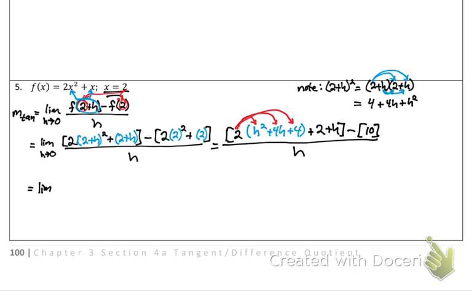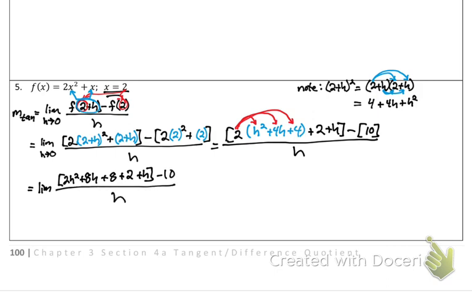As I distribute that 2 to everything, we are going to now have 2h squared plus 8h plus 8. And we still have that plus 2. And we still have that plus h just hanging out there. And don't forget about the fact that we have minus 10 all over h.